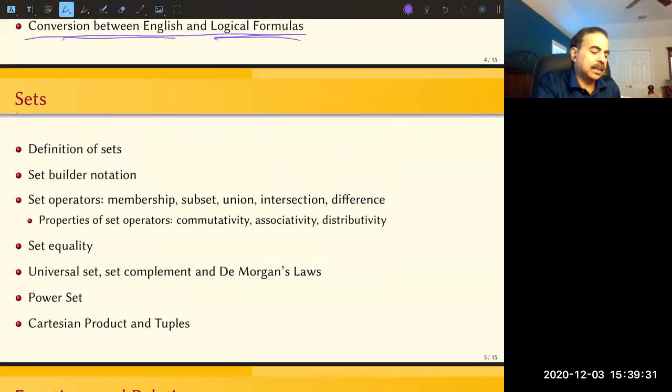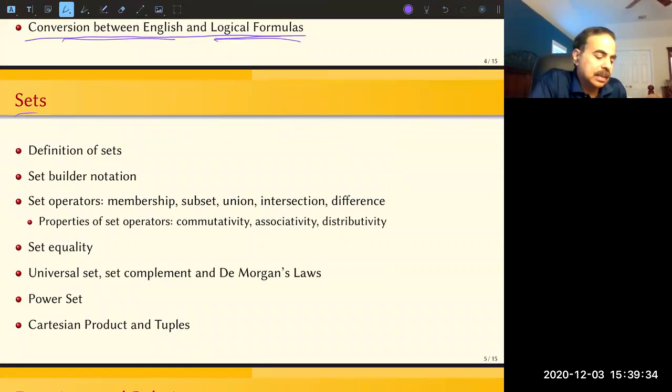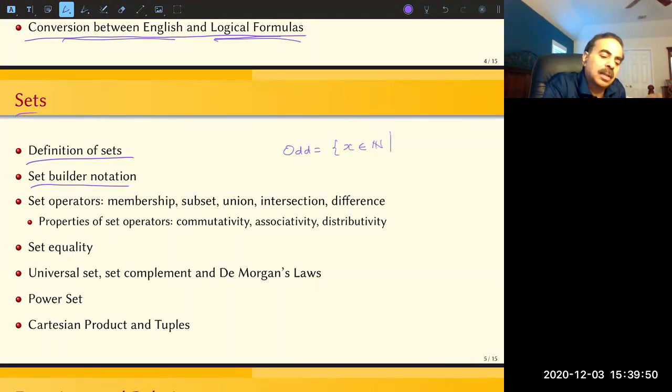So the next topic we looked at is sets. So what is a set? We learned the set builder notation, something like this.